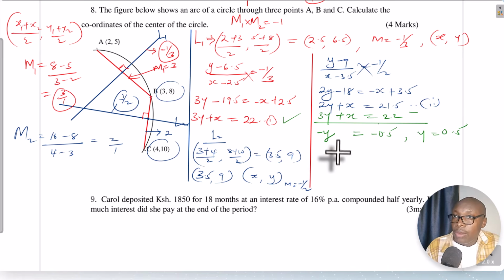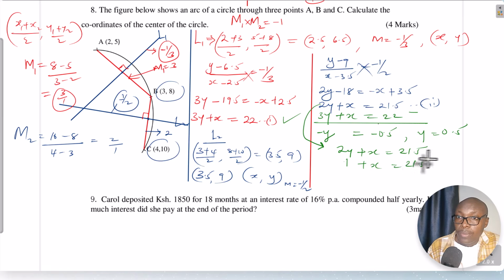So if that is y, what is x? For us to get x, I can use this equation to substitute. So 2y plus x is equals to 21.5. So 2y, y is 0.5, so this will be 2 times 0.5, that will be 1 plus x is equals to 21.5.